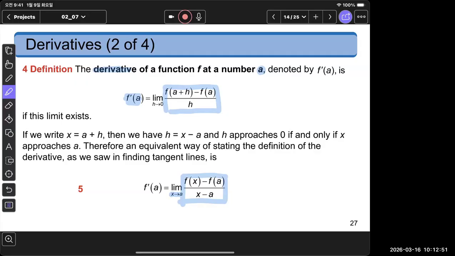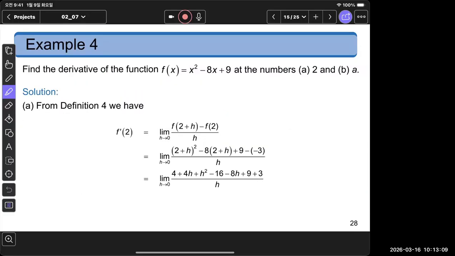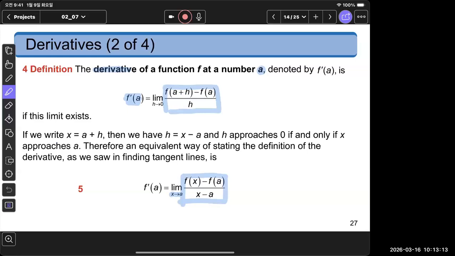Sometimes we use the terminology of the derivative of a function at a, but sometimes we call the value the slope of the tangent line at a point a. I'm just considering two different names.